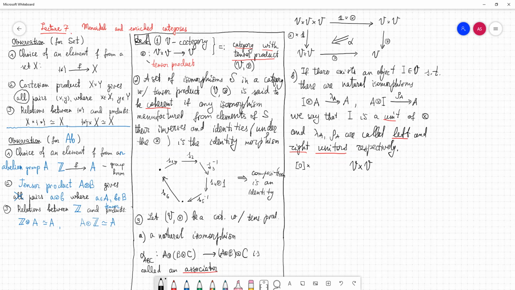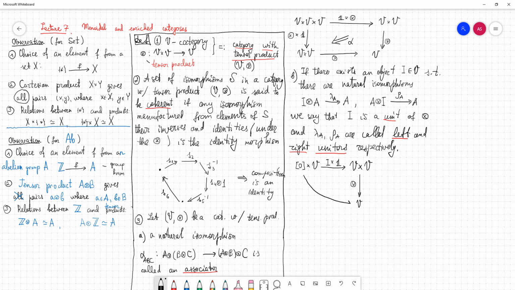We did it already many times. The other category we are taking is V. So first we take the identity, and then we take any element. Using this functor, we get a pair. The first element in this pair is I, and the second is an arbitrary object A. Then we multiply them using the tensor product operation, and we get to V.